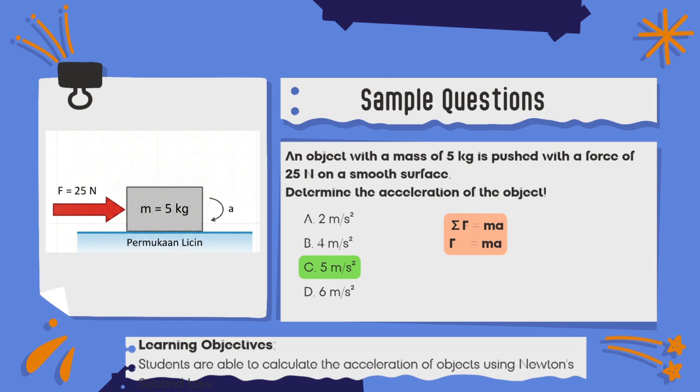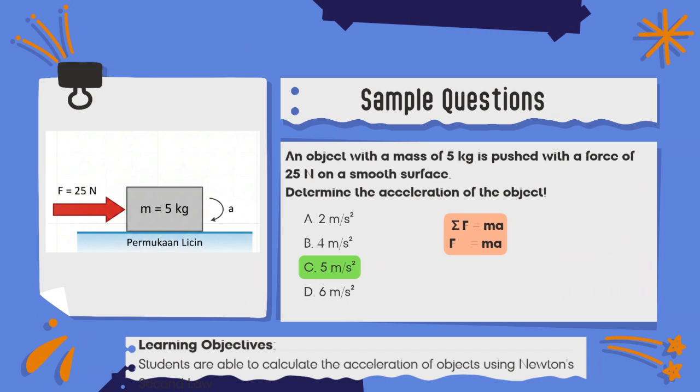We use the formula F equals m multiplied by a. To find acceleration, we rearrange the formula into a equals F divided by m. Then we substitute the values. Acceleration equals 25 newtons divided by 5 kilograms.